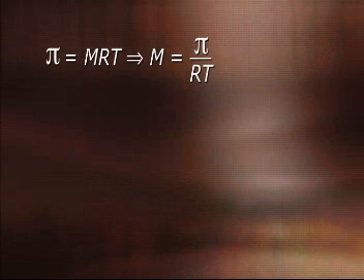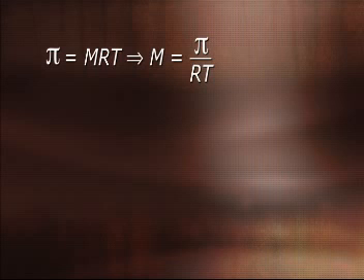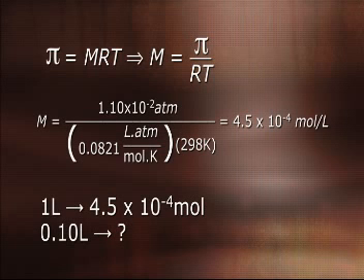From the equation, pi equals M times R multiplied by T, we can create the equation M equals pi over R times T. This allows us to determine that 1 liter of solution contains 4.5 times 10 to the power of negative 4 moles of polyethylene.